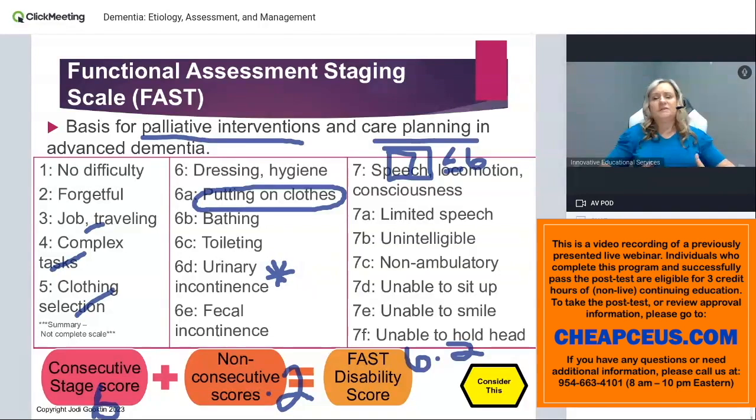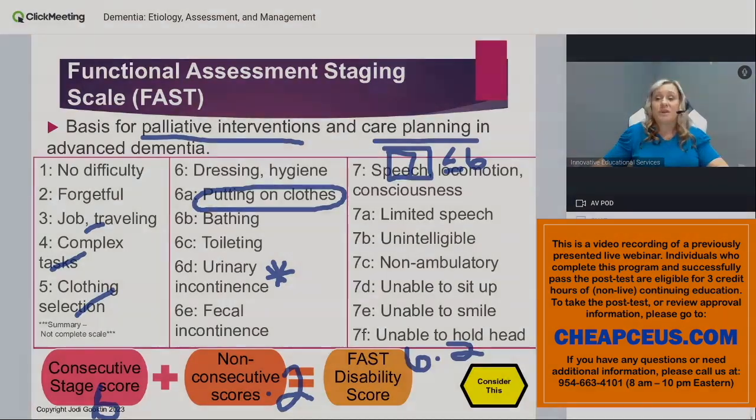But the plus here is that it does help in planning, and this tool is utilized to get that person and their family access to services. And this is what is utilized to have someone become eligible for hospice services. So it's going to help with your goal setting and help you maintain quality of life as much as possible and get the services someone needs.